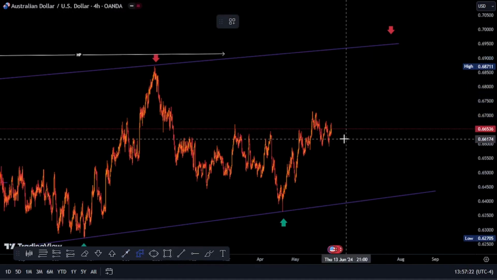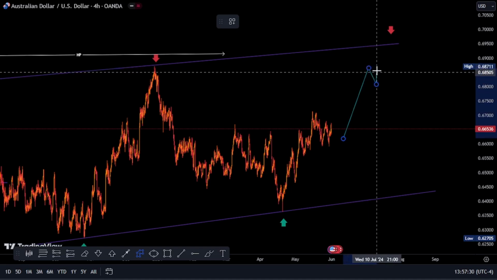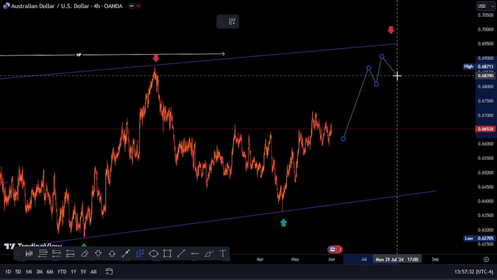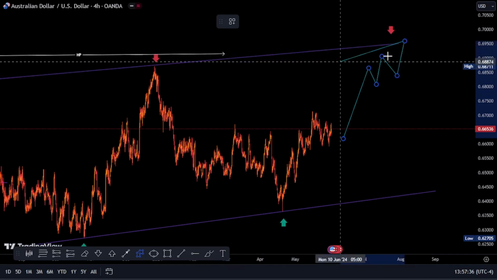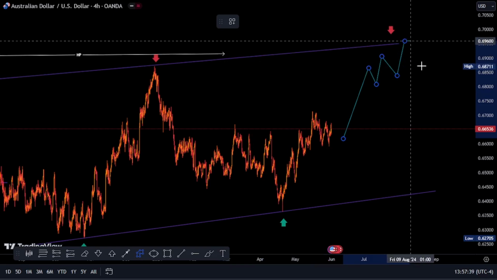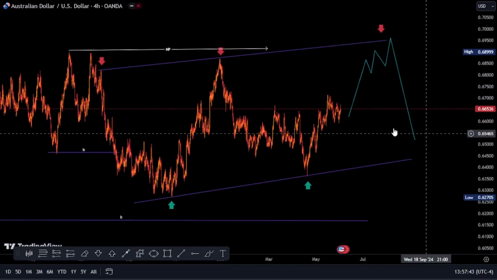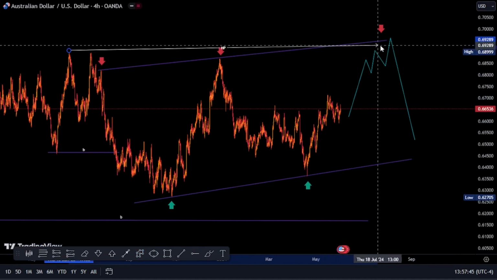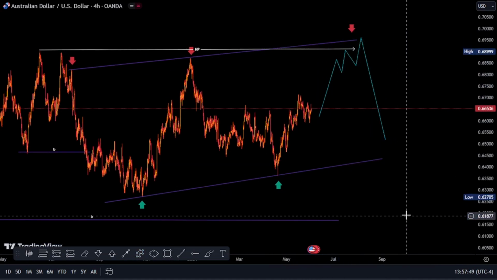And then when it gets here on your smaller time frame, 1 hour, 15 minutes, that's when it will give you that reversal pattern, to break this hook point and give us a third touch at the same time, and then move down.